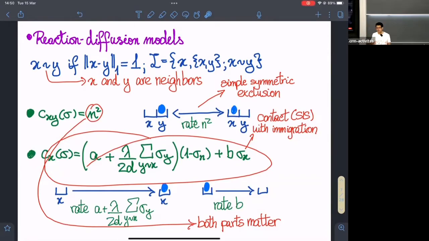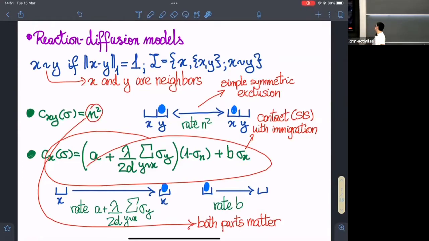Because if it is just constant, the model is kind of linear, so it gets into the realm of linear equations, and in this case, in which you have only one type of particles, the linear regime is not the most interesting one. So to make it non-linear, something that you can do is, for example, to take this rate right here. This rate is nice for two reasons.